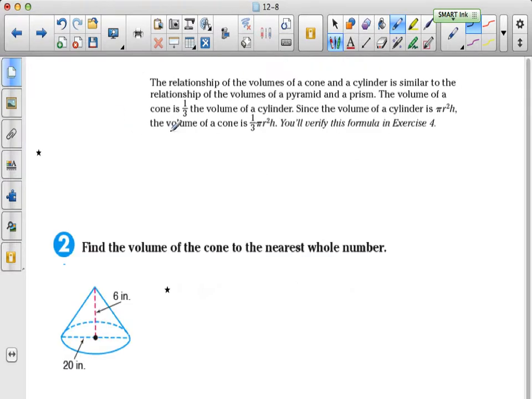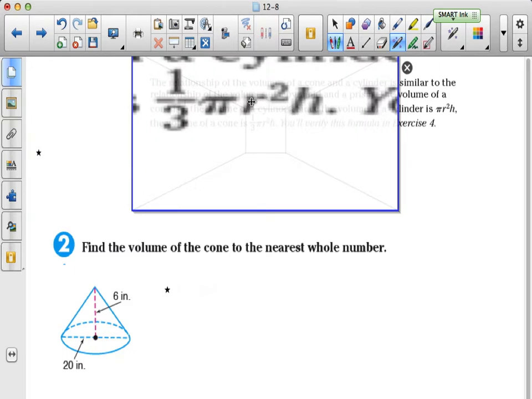In the same manner, the volume of a cone, like the pyramid, is going to be 1/3 the volume of a cylinder. If you notice, this is the formula for the volume of a cylinder, pi r squared h. You get 1/3 of it, you get the volume of your cone.